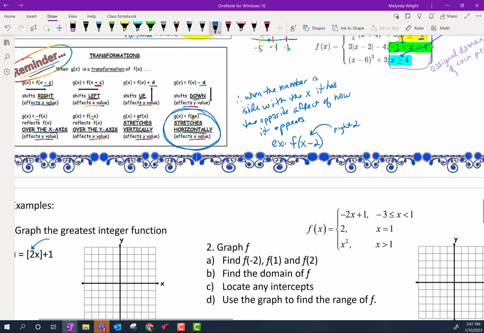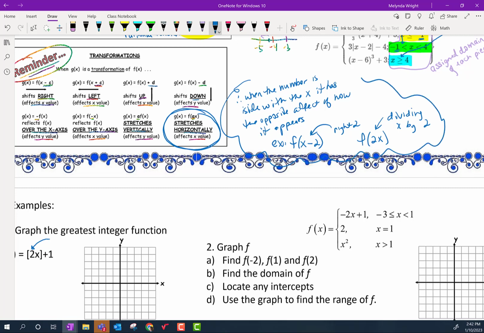Likewise, if I have f of 2x, it looks like I'm multiplying x by 2, but I'm actually dividing x by 2. So when it's inside, it has the opposite effect. That's just a review. We talked about that last year, just to hopefully spark that memory.